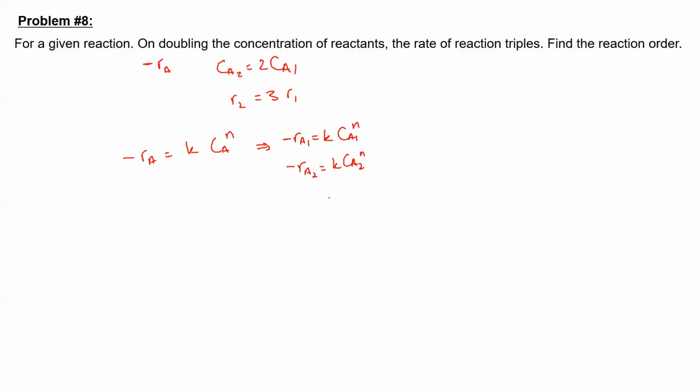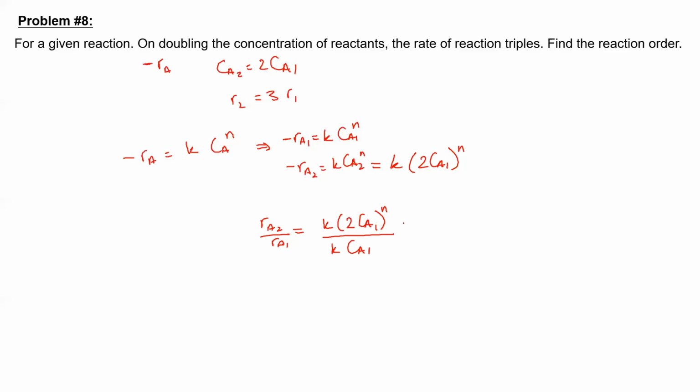And now if I get the ratios, and if you remember, CA2 is 2 CA1, so this is equal to K into 2 CA1 to the power n. And if I divide these two expressions, I get RA2 over RA1 is equal to K into 2 CA1 to the n divided by K CA1 to the n, right?